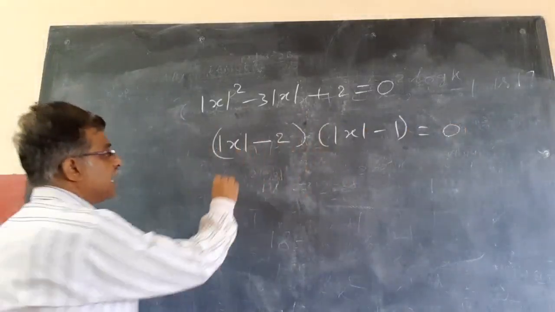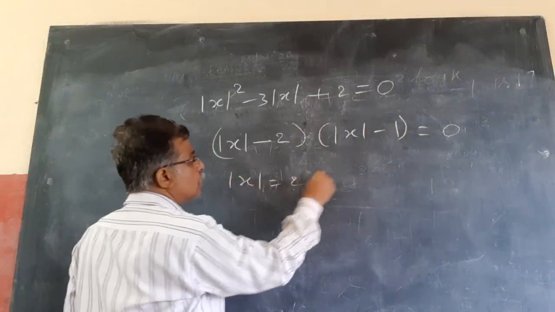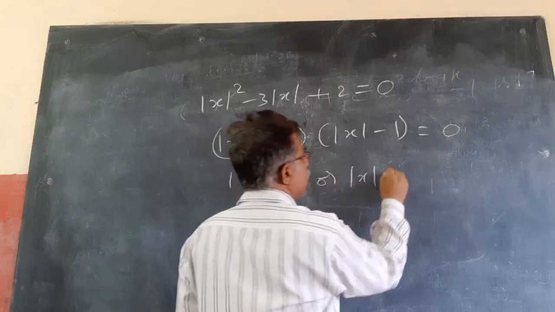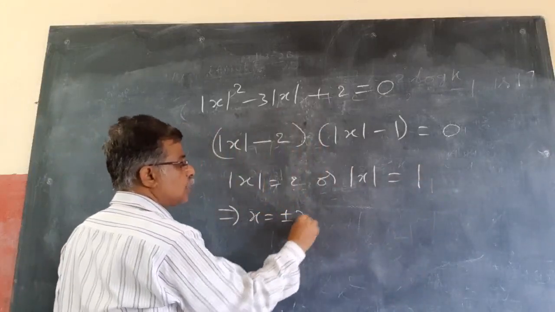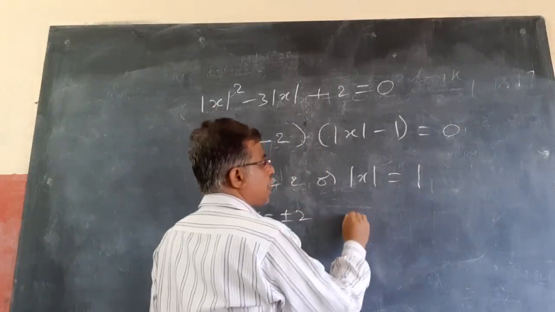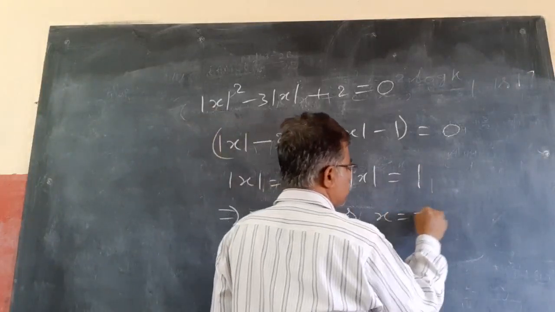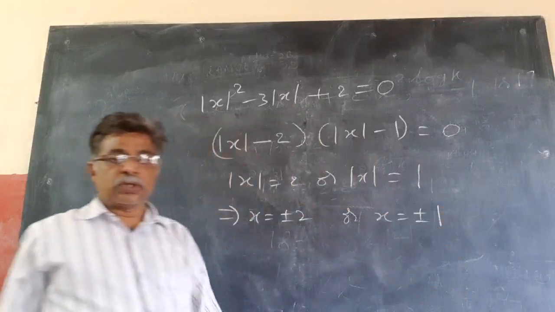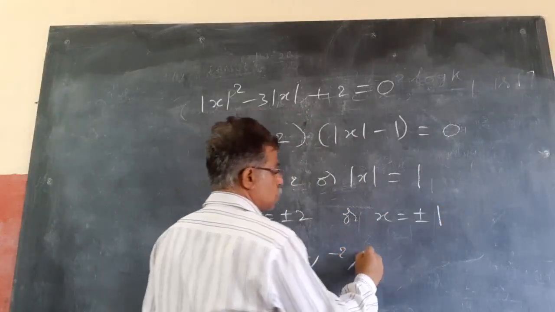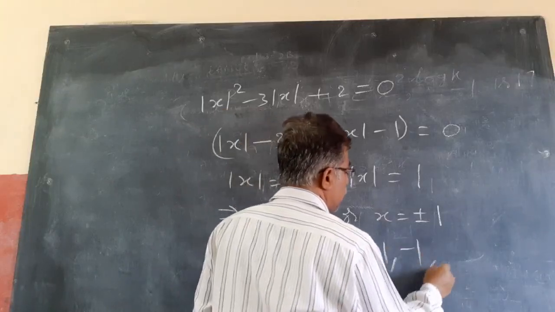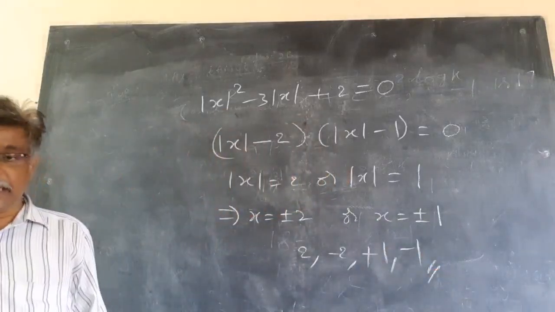Now it becomes either mod x equal to 2 or mod x equal to 1. Mod x equal to 2 means x equal to plus or minus 2 only, and mod x equal to 1 means x equal to plus or minus 1 only. So there are 4 solutions. Those are plus 2, minus 2, plus 1, minus 1, the 4 solutions of the given equation.